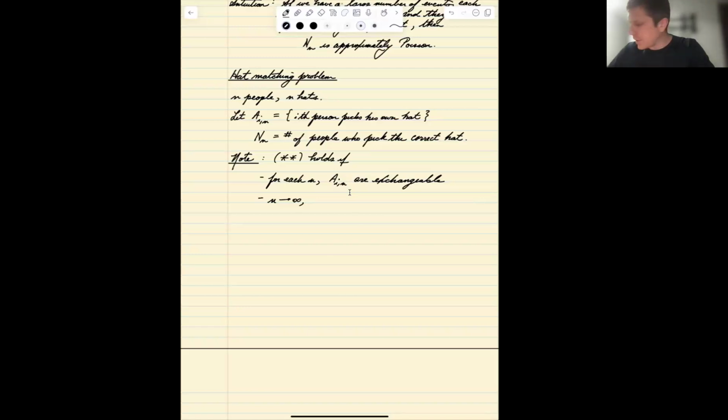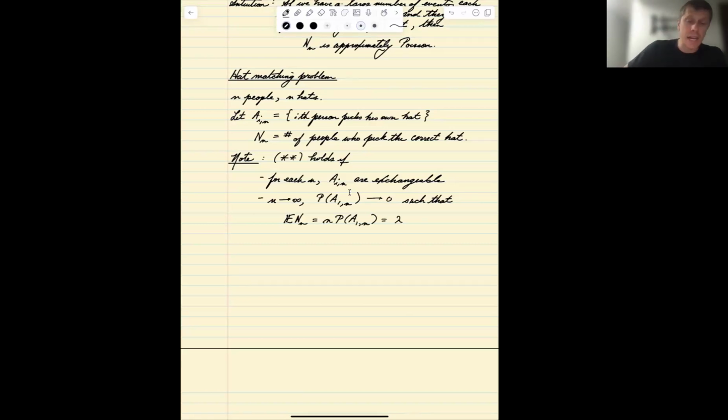As n goes to infinity, the probability of any given event goes to 0, such that the expectation of N sub n, which is equal to n times the probability of A_1,n because of the exchangeability, is equal to some fixed value lambda.